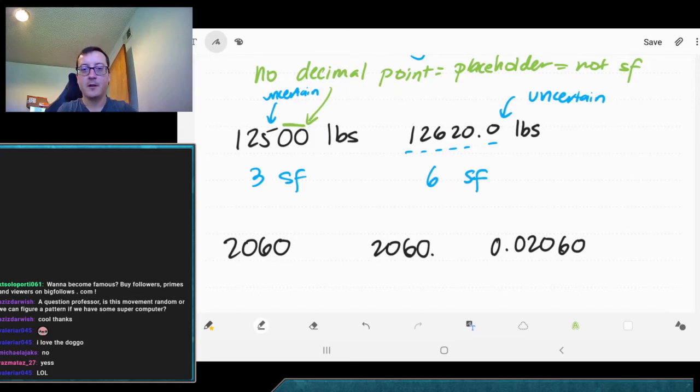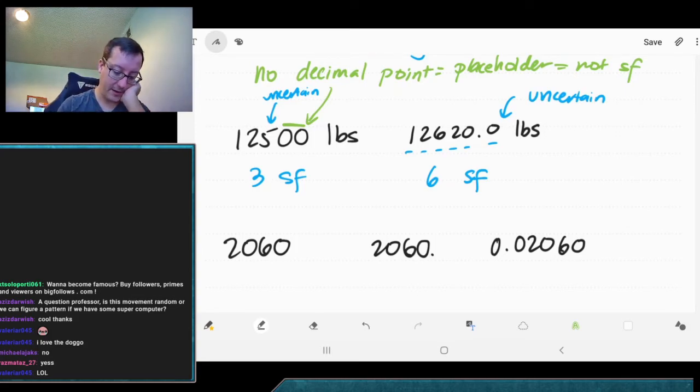So, let's recap quickly. Zeros at the front, never. Zeros in between, always. Zeros at the end, yes if there's a decimal. All right, so for the last category there, you're looking if there's a decimal anywhere. Any decimal point means all trailing zeros at the end will be significant.